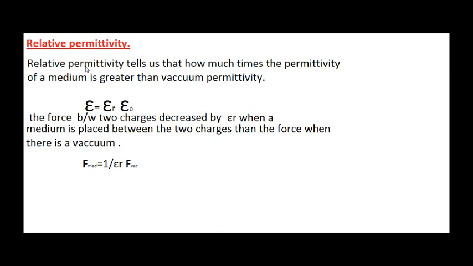So hence epsilon equals relative permittivity multiplied by permittivity of vacuum.